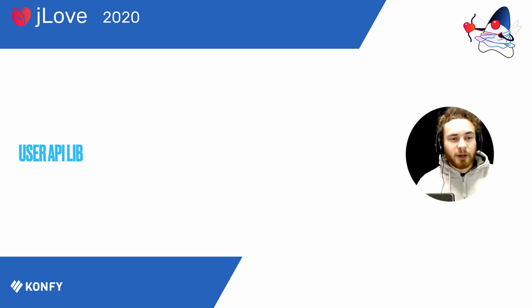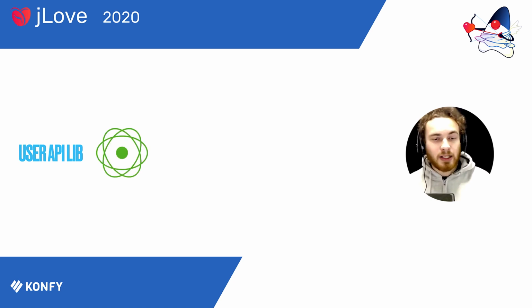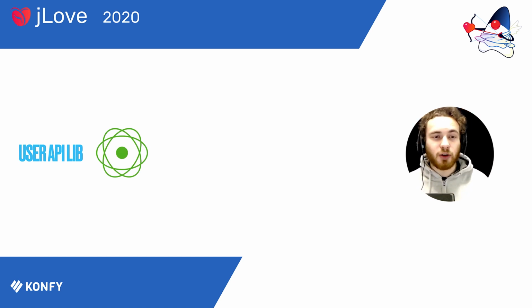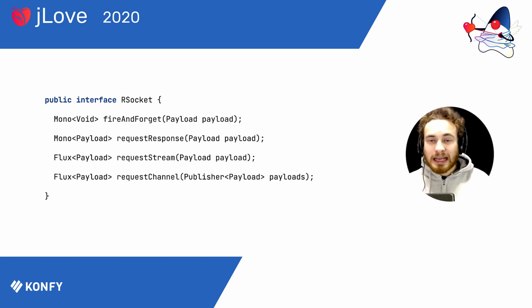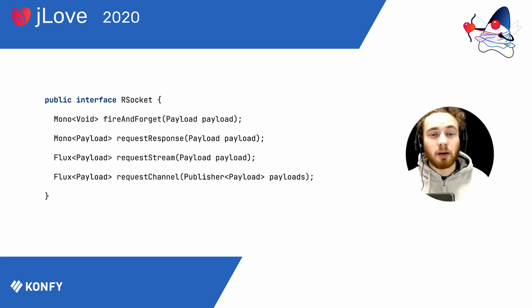So for the user API library, since we need to bring reactive stream semantics, we decided to go with a really popular and famous project called Project Reactor. And I hope that you heard about Project Reactor in the past. So on the user API, we built everything around Project Reactor. We exposed our communication calls like fire and forget, request response, and others through Mono and Flux.